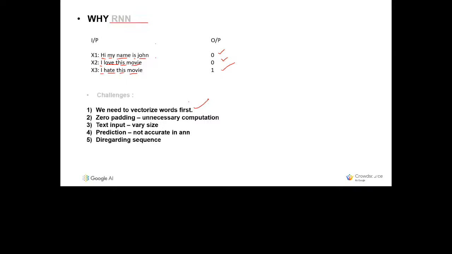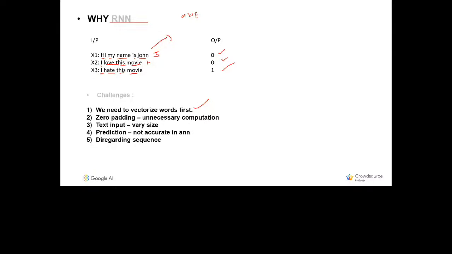How do we convert it into a vector? We could use one hot encoding. What it does is pick up the unique words. The first sentence has five words. "I love this movie" has four.